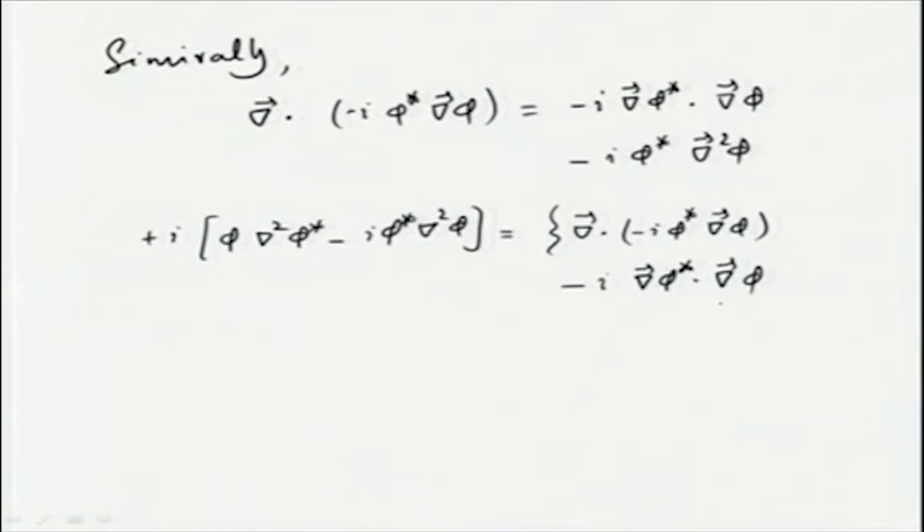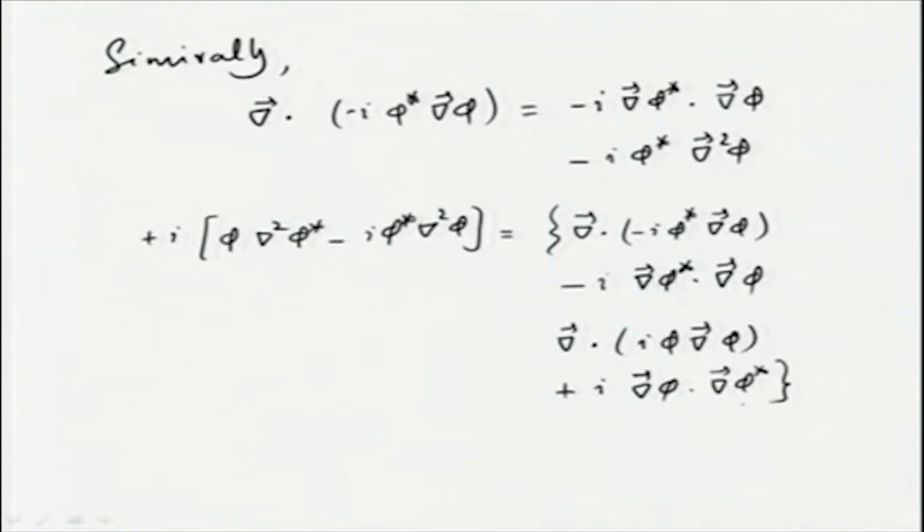This is for the second term here, minus i phi star grad square phi, and similarly for the other one we have again del dot i phi del phi plus i del phi dot del phi star.